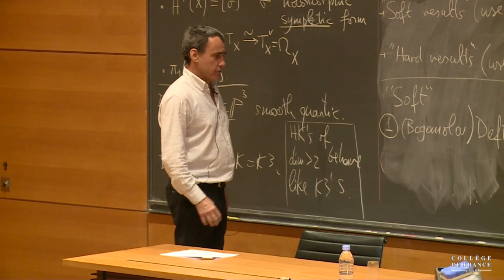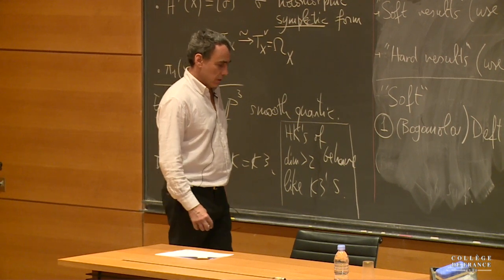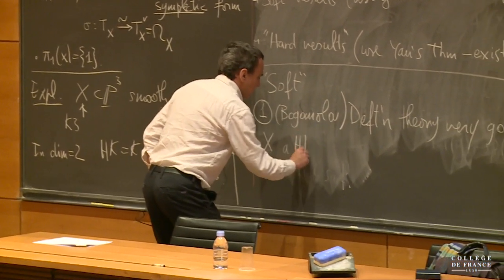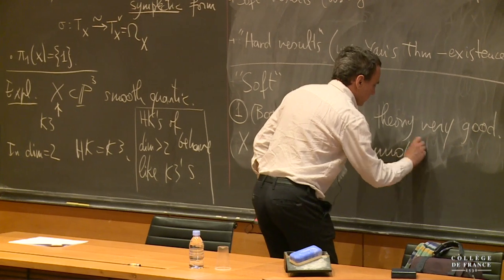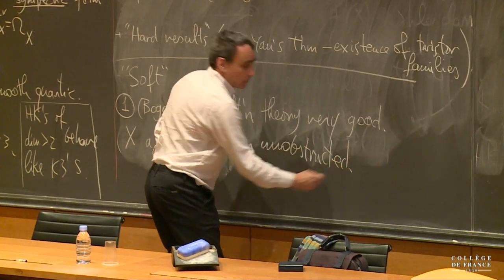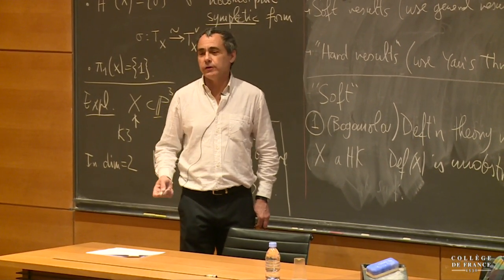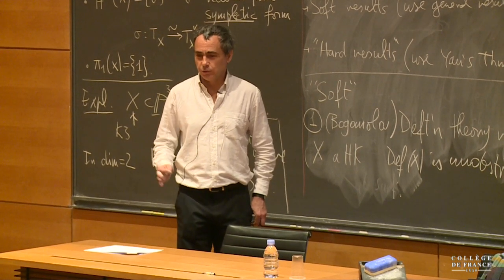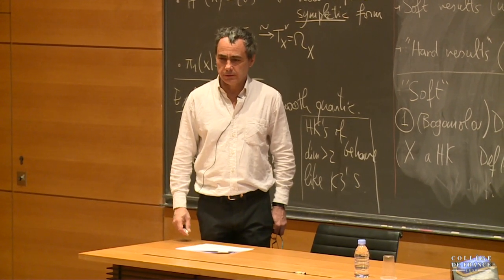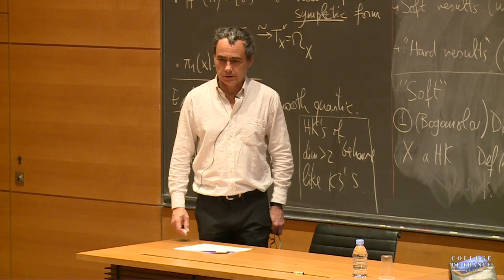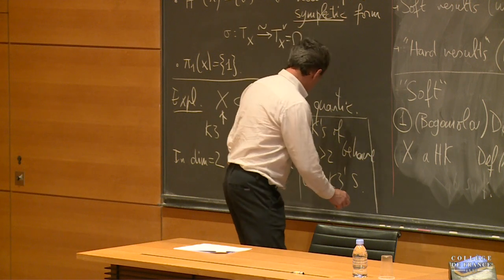I'll just mention the first basic result: Bogomolov says that the deformation space is unobstructed. This was before Tian, but it used the symplectic form. It was a few years before, so it's right to call it Bogomolov's.